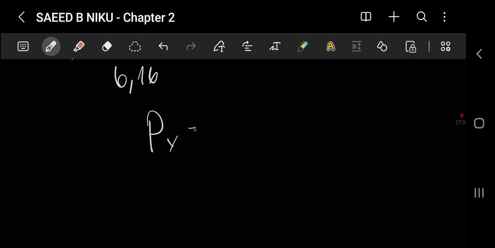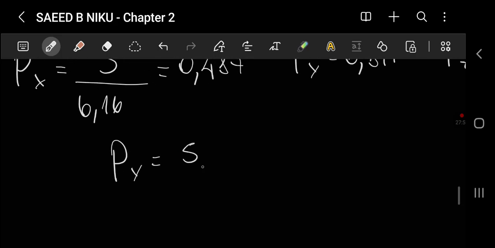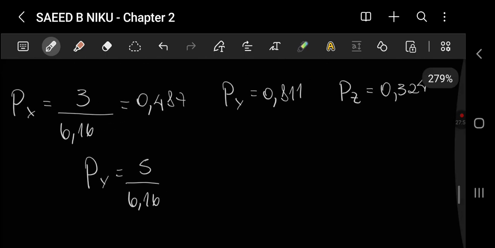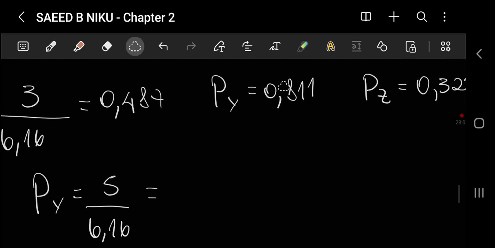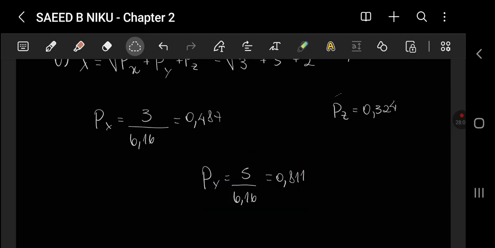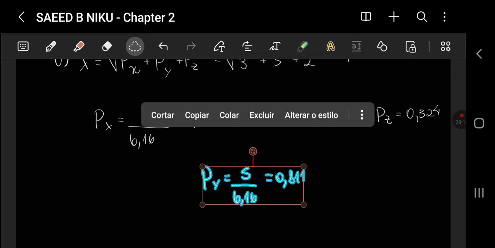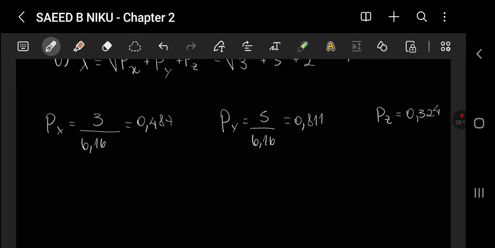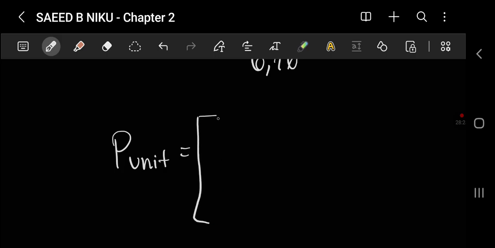What you're going to do is divide the value of 5 for easy. And this is the unit vector.